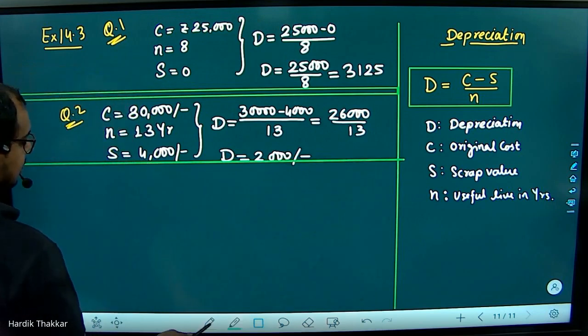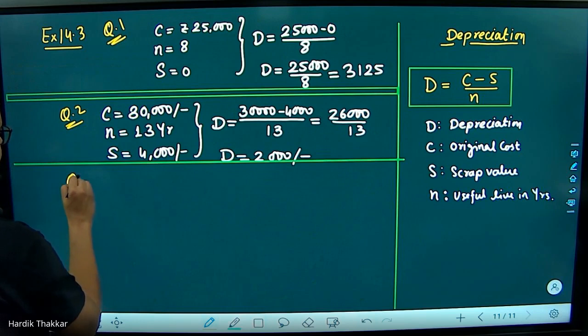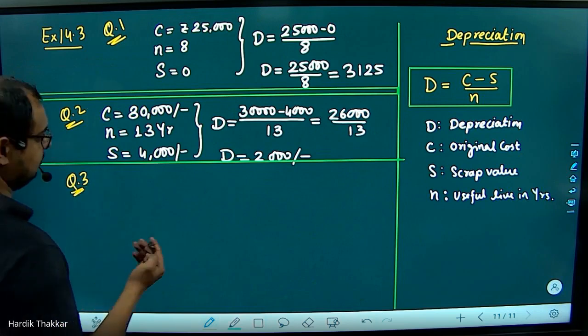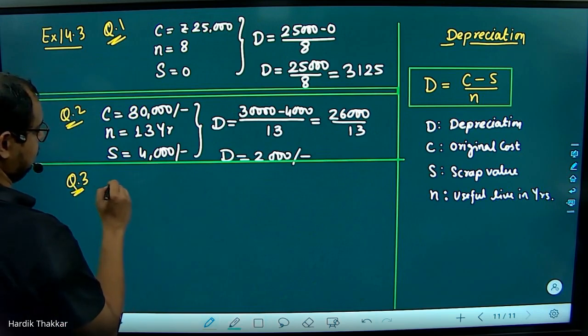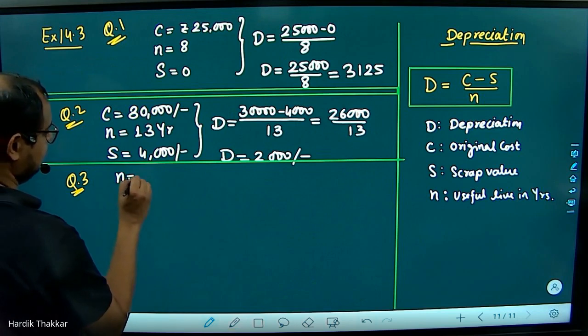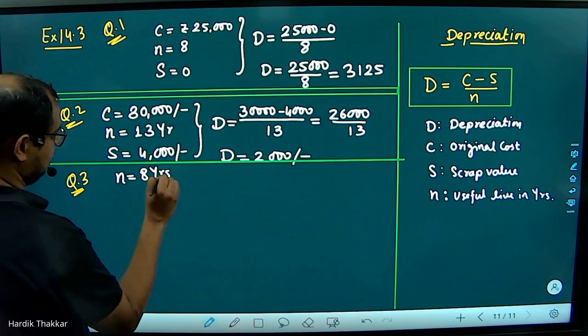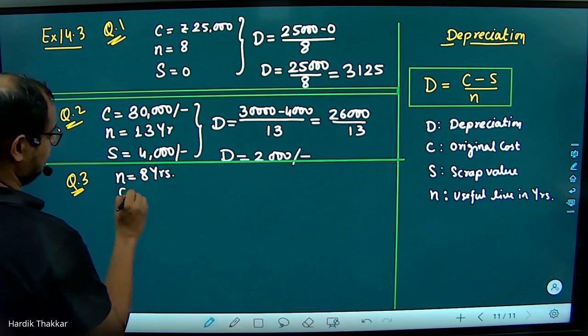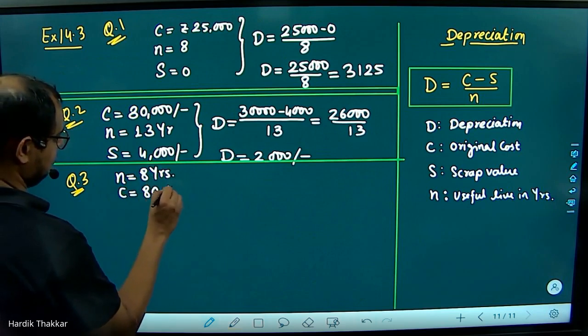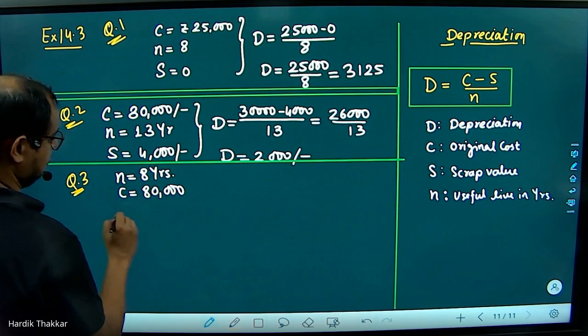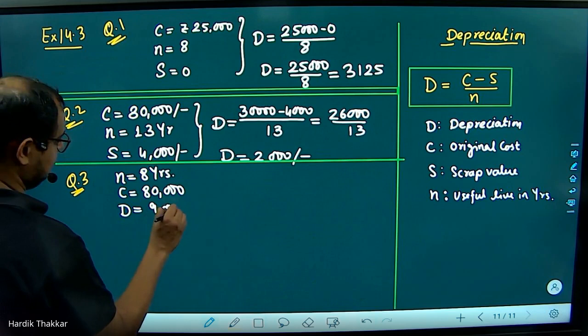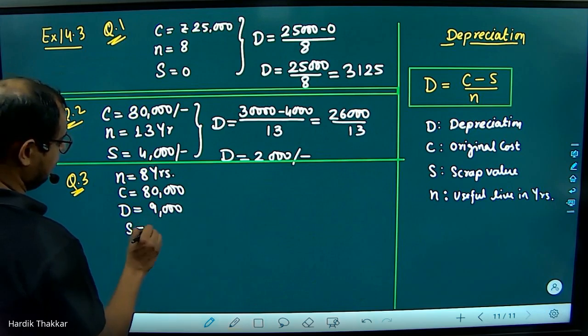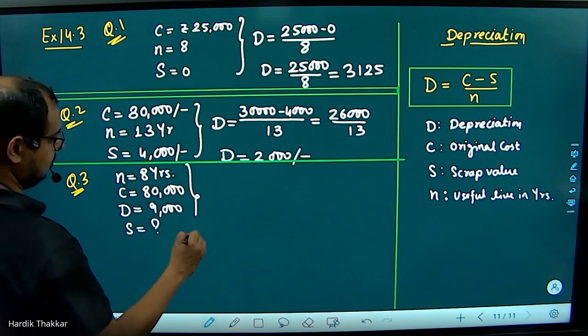Now let's start next question. Question number 3. N is equals to 8. C is equals to 80,000. So D is equals to given a rupees 9,000. Scrap value is equals to question mark. Okay.